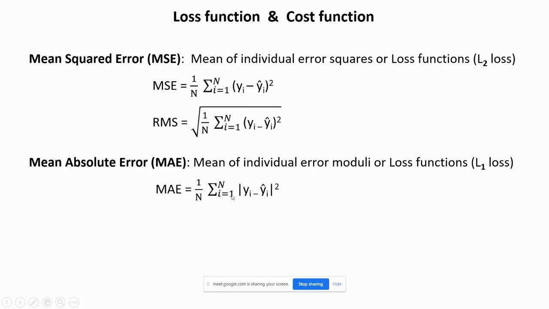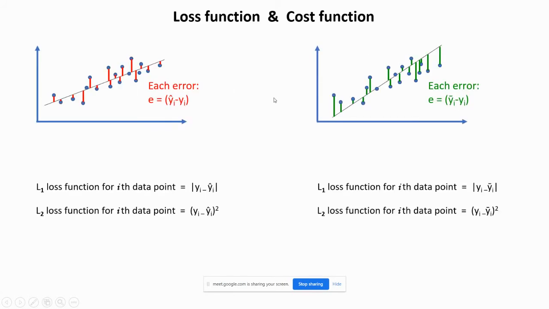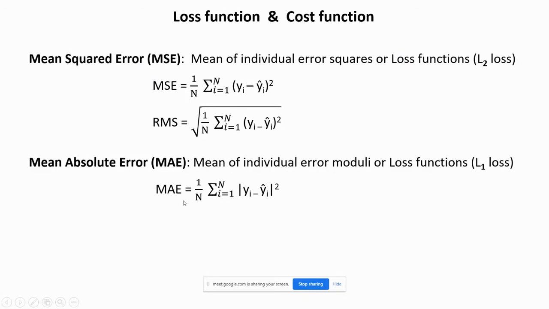There is another definition that you can use. Instead of the square, you just take the absolute values, which is your L1 loss function, and the summation of your L1 loss function is the mean absolute error. Mean absolute error essentially means that you take the modulus of your error, and you take a mean of that. Again, reading it backwards, you take your error, you take the absolute value of those errors, and you take a mean of that absolute value.